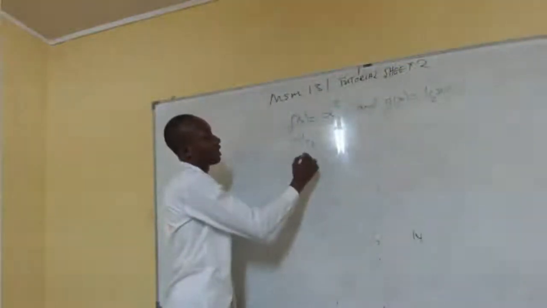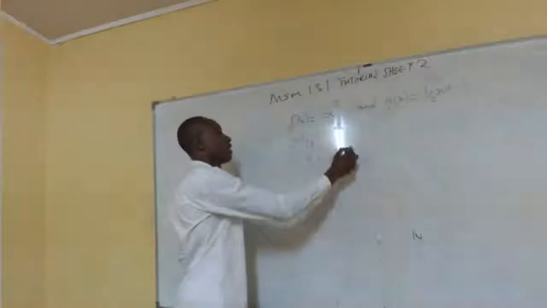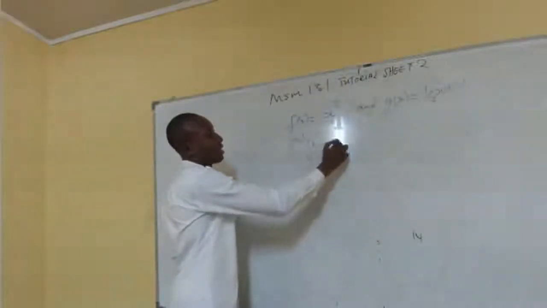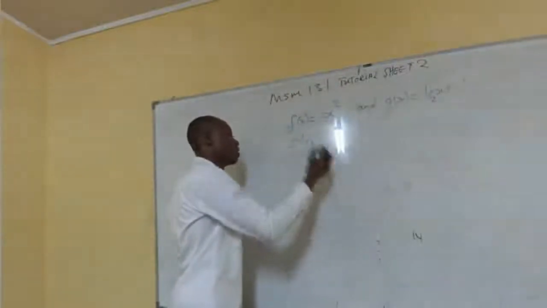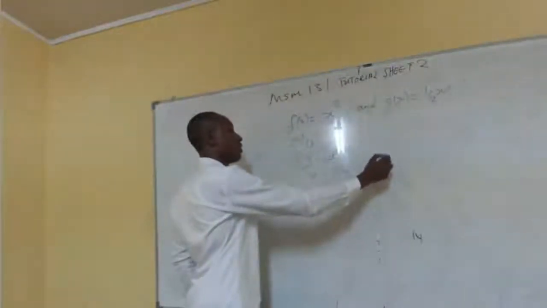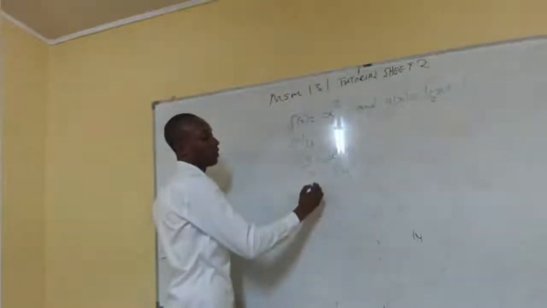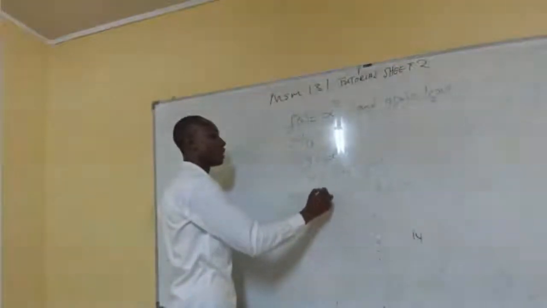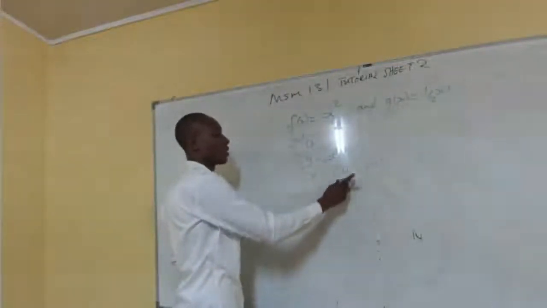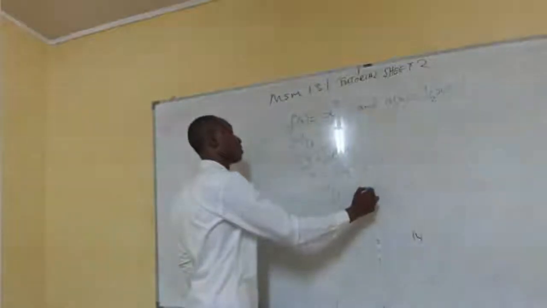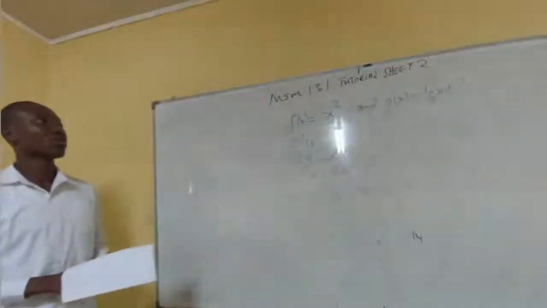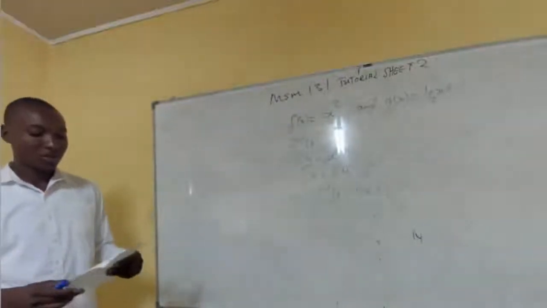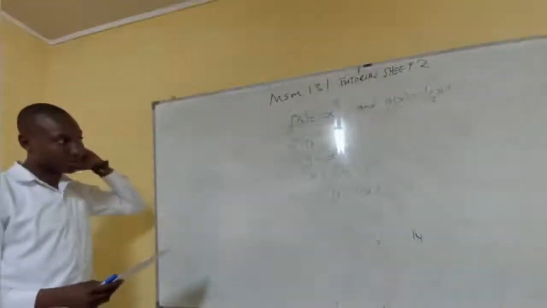We say y equals x squared, then we make x the subject of the formula, so x is equal to root of y. So this is f inverse. Then where there's y, we replace with x, so it ends up being root of x. So that's the inverse.